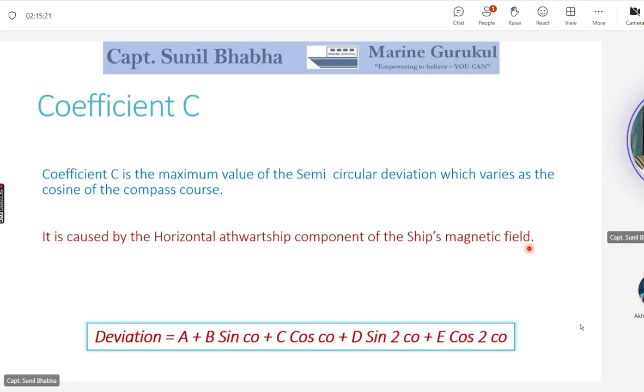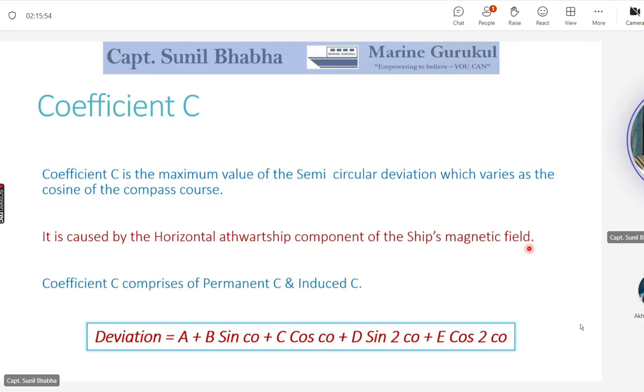Coefficient C is related to the athwartship component of the ship's magnetic field. The last coefficient, coefficient B, was dependent upon the fore and aft component of the ship's magnetic field, and coefficient C is dependent upon the athwartship component.